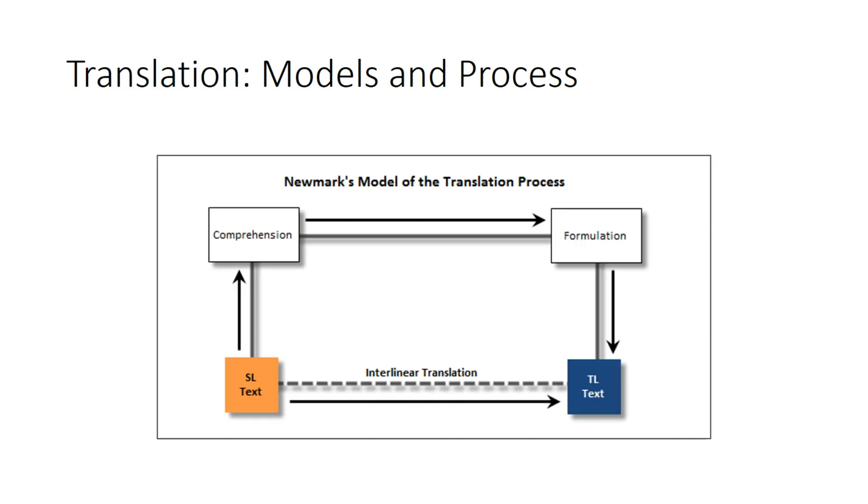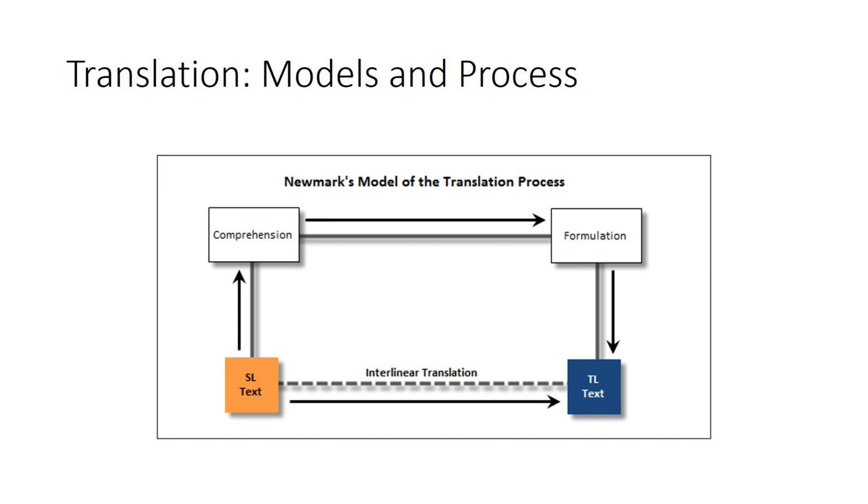And then just to give you one more model of the process, this is from Peter Newmark. It's very similar, right? We start with the source language text, the source text. The first step would be comprehending that, and then it's the formulation or reformulation stage in the target language, and that yields the target text.